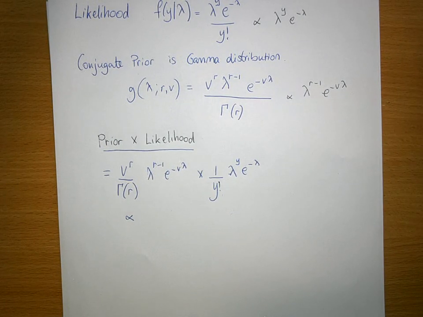Because Bayesian inference is actually really only concerned with the shape of things. So the relative importance of different values. So exactly how high they are up in the distribution is of lesser importance.